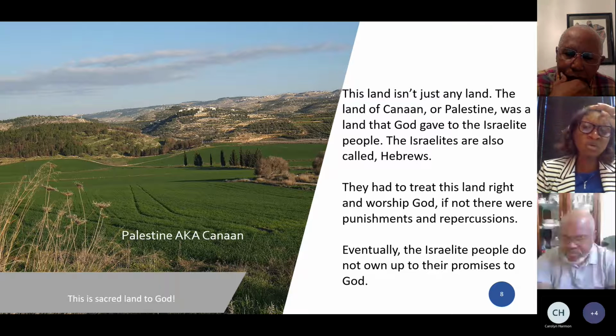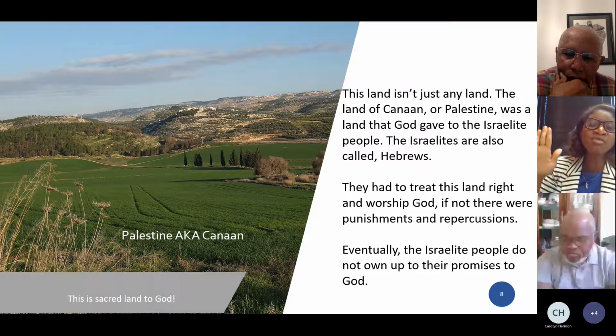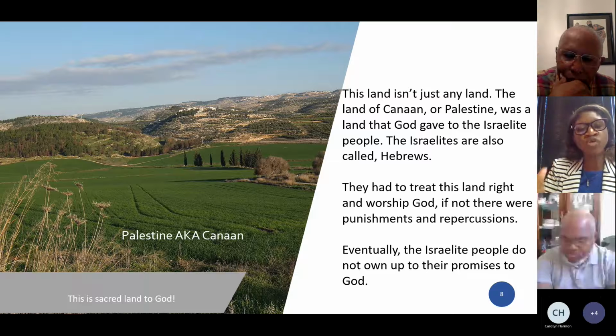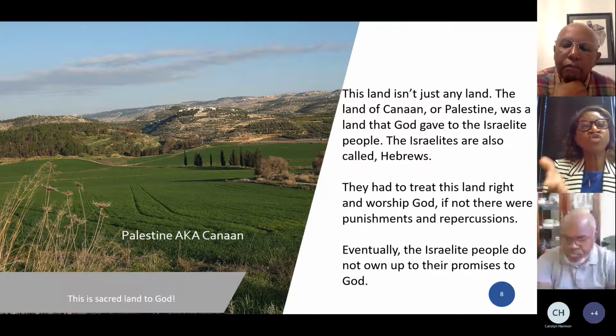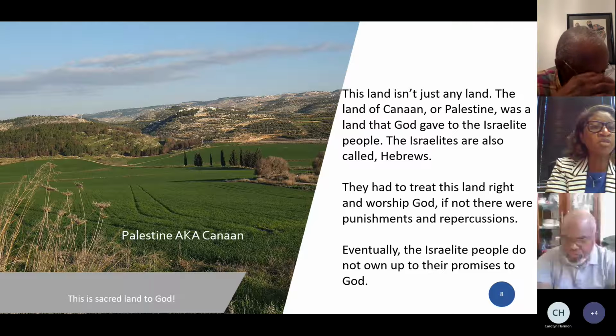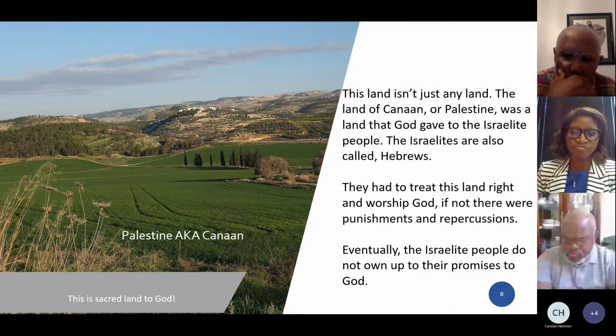The Creator God in the Old Testament told the Israelite people, also known as Hebrews, that they had to treat this land right. You have to worship God on this land. You can't sin on this land. And if you do, there are going to be repercussions, punishments to you and to your people, because I gave you this and then you mistreated it, right?